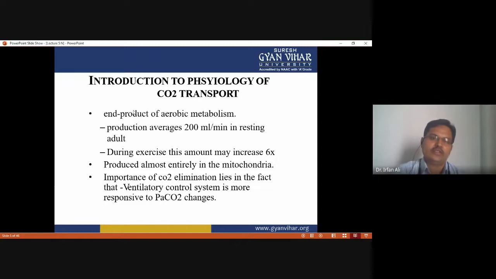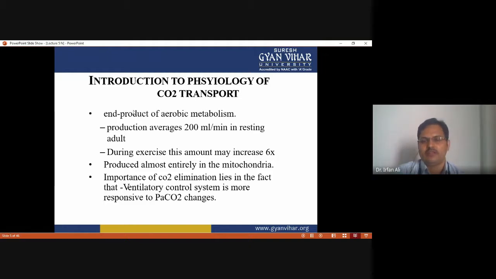It is produced almost entirely in the mitochondria, because oxidative phosphorylation or aerobic respiration takes place entirely in the mitochondria. That's why the carbon dioxide is produced in the mitochondria.